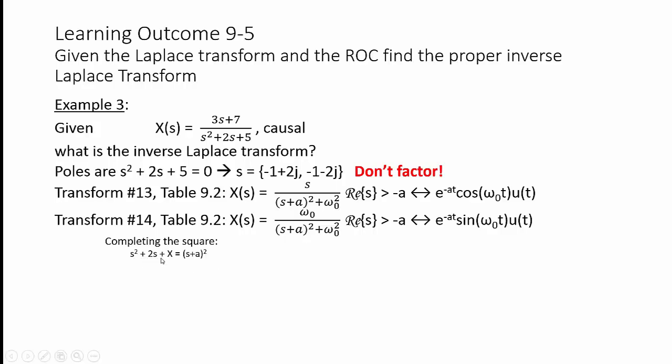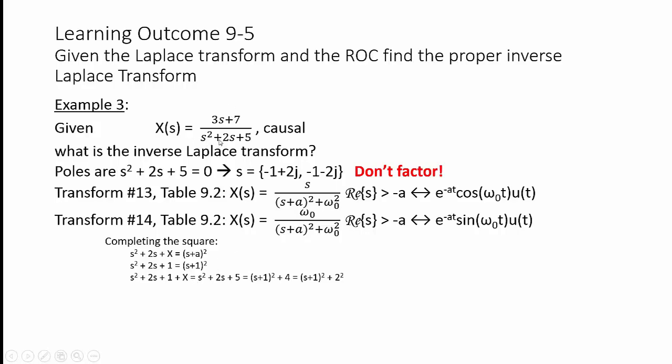We want to look at the first two terms in our polynomial and say, what does that third term need to be in order to get a perfect square, and what would that coefficient need to be? Well, we know that coefficient is going to have to be half of the coefficient on the s. So that's going to be 1. Therefore, 1 squared is going to go here. We have our perfect square. That's what's going to go in this part of the polynomial.